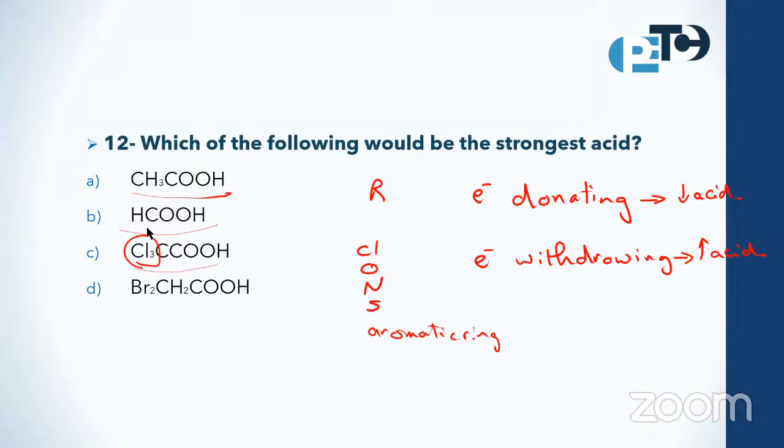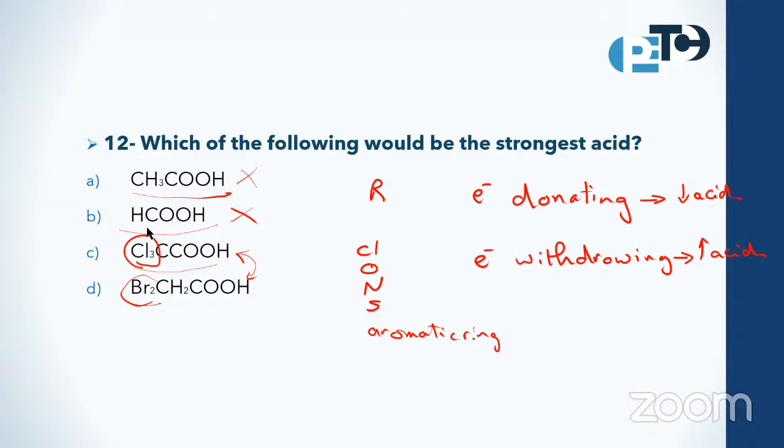So we can exclude both acetic and formic acid because another one contains a withdrawing group. Yes, an aromatic ring will increase the acidity. Dibromoacetic acid also has an electron withdrawing group. So we will compare between this one and this one, and one of them will be the strongest.